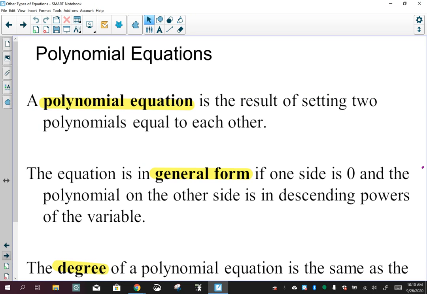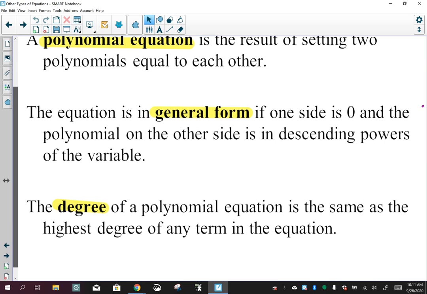The equation is called general form if you have your polynomial on one side and that whole entire thing is set equal to 0. So assuming that you don't have any other numbers hiding around in there, and that you have your polynomial on the left side, for instance, and then the 0 on the right side, that's considered general form.